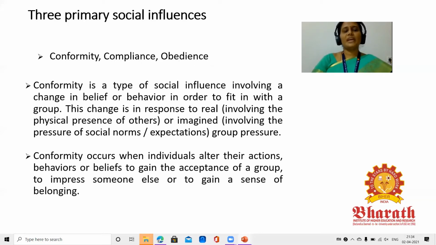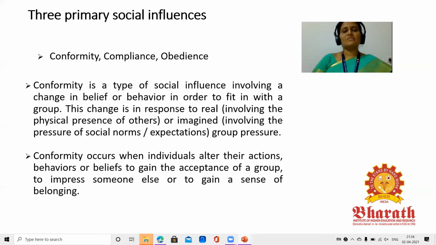What are the three primary social influences? Conformity, compliance, and obedience. Conformity is a type of social influence. Conformity occurs when individuals alter their actions or beliefs to gain the acceptance of a group. Suppose you want to be in a group, so you observe the group members and try to behave like them.